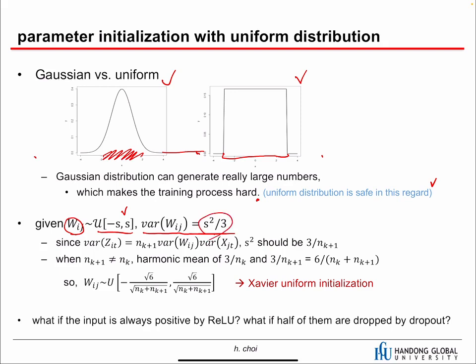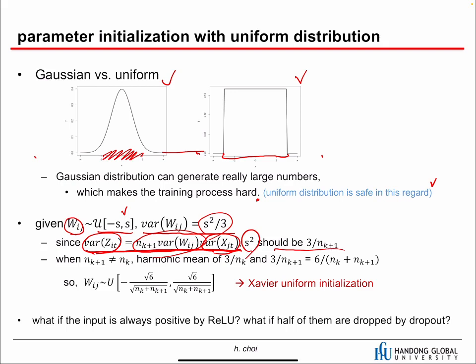So this is the variance. And as you know from the previous slide, we have the same equation. The variance of z should be the same as this one, so this one should be 1. So the variance of wij should be 1 over n_{k+1}. Then s squared should be 3 over n_{k+1}.